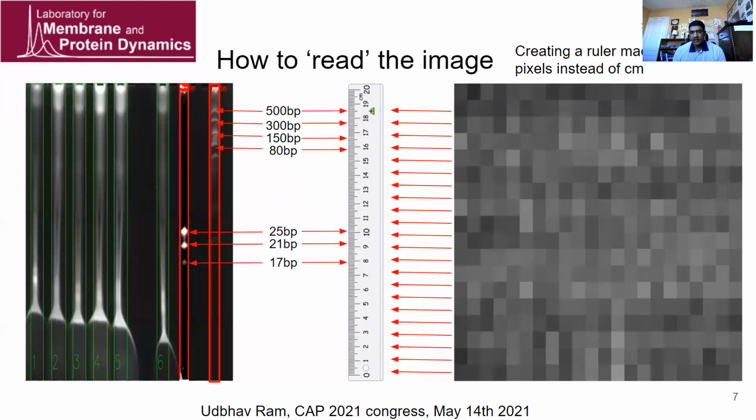Now, the next step is, how do we read the image? Well, as humans, we often turn to tools such as rulers to help us identify real-life units such as centimeters to the units on the gel, such as base pairs or nucleotide lengths.